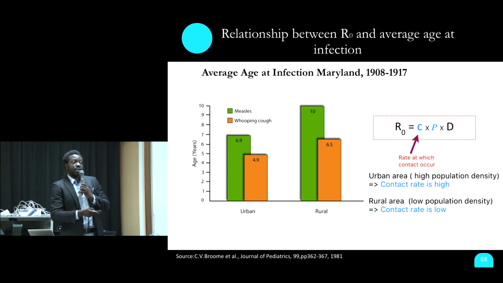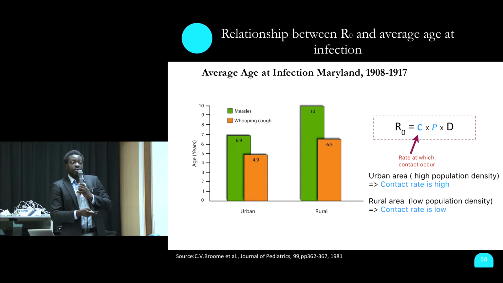Why? It's because we can come back to this formula here. Remember, we said that R0 is the rate at which people contact each other, the probability of transmission, and the duration. So in an urban area, we have high population density. This means that people have high contact rates.